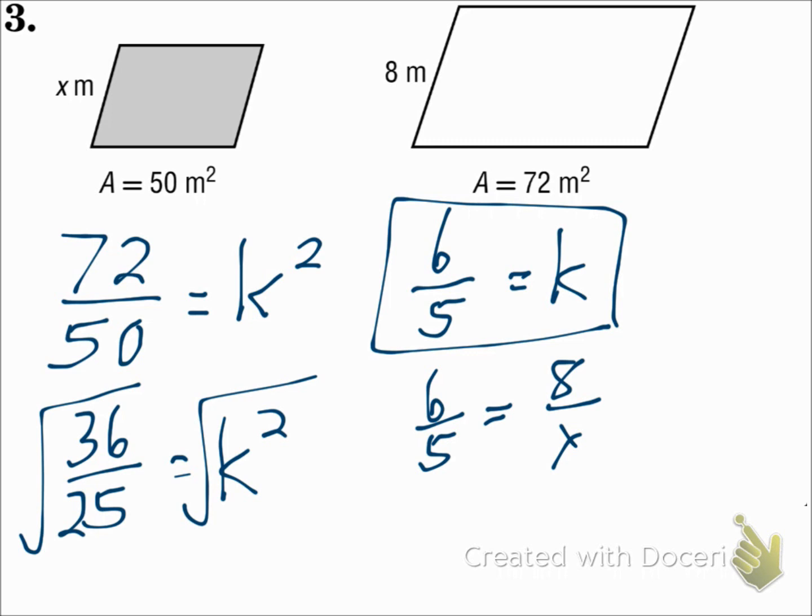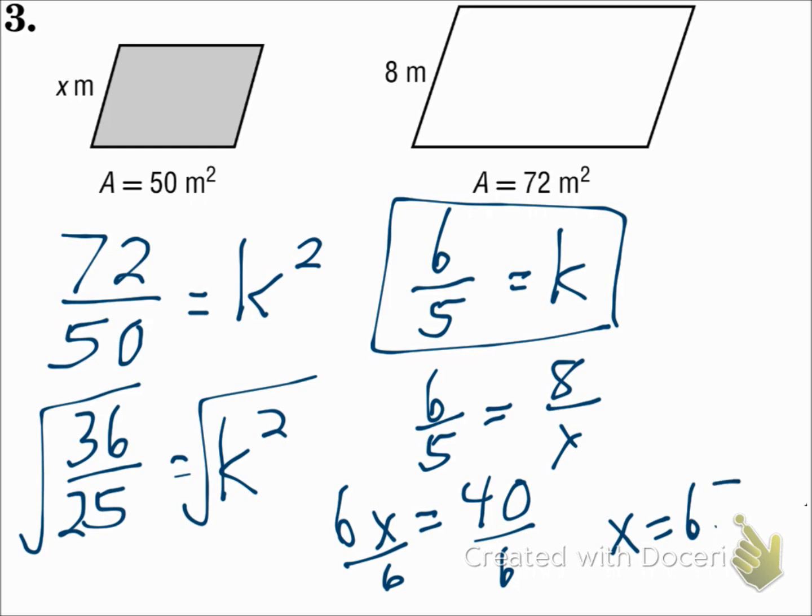Cross multiply. 6x equals 5 times 8 is 40. Divide both sides by 6, and x is about 6.7, and that will be the side length. So first, do area over area equals k squared to find the scale factor, then use the scale factor to find the side length.